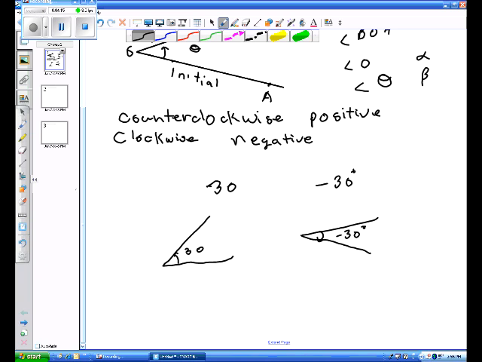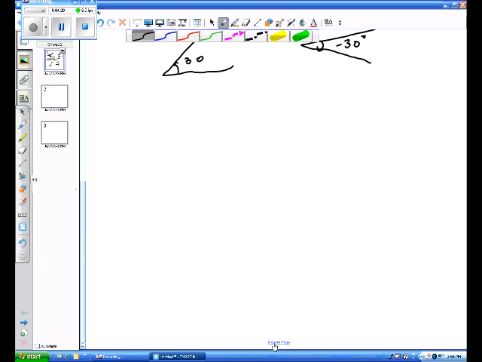Now we're going to talk about degrees, and so we need to define those. And 1 degree is equal to 1/360th of a rotation.